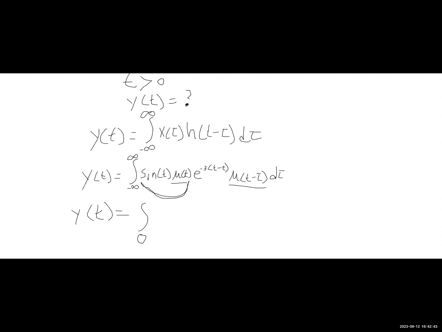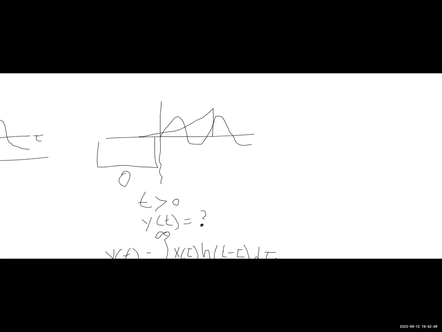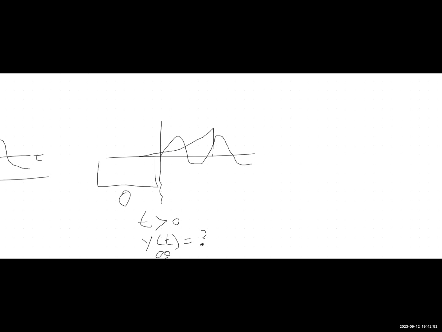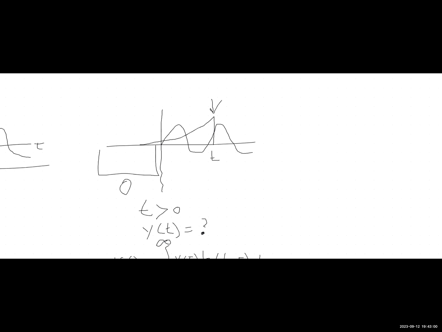Now this term over here, our u of t minus tau, means that whenever we're integrating, we're stopping at this point, because this is your t value. Your u of t minus tau represents this vertical line here. After that, we no longer have overlap. So we only need to integrate this area in between these two regions.